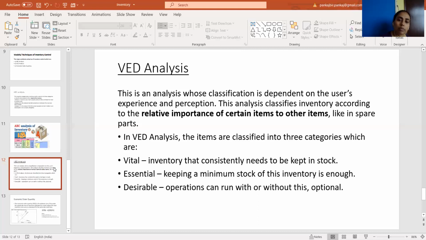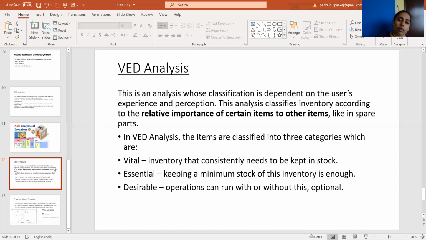So if you run out of this kind of inventory, it is okay to have no inventory at certain points of time for such kind of product. So operations can run with or without this. It is an optional commodity.